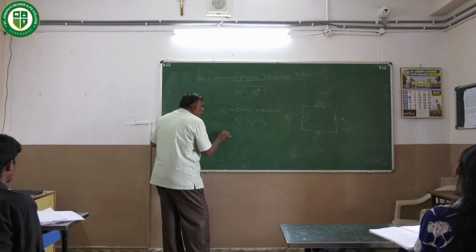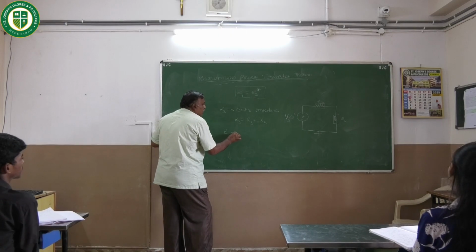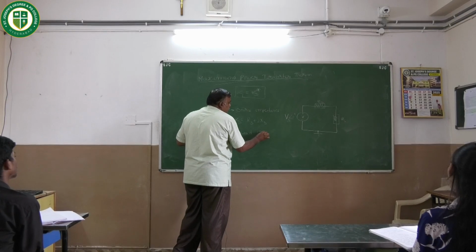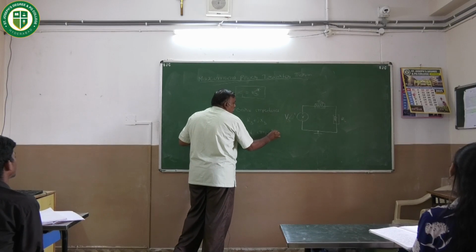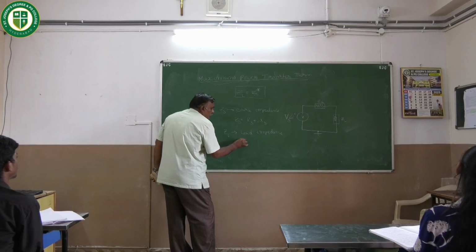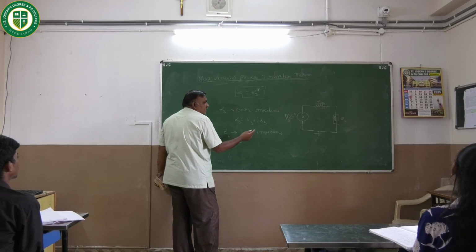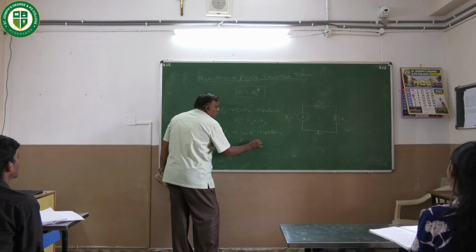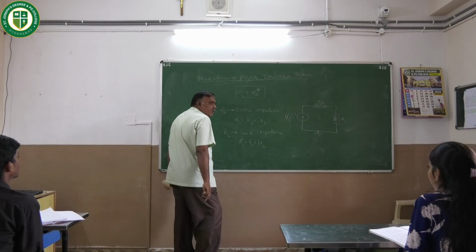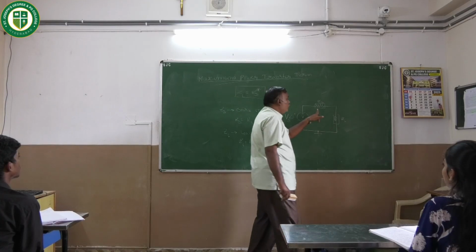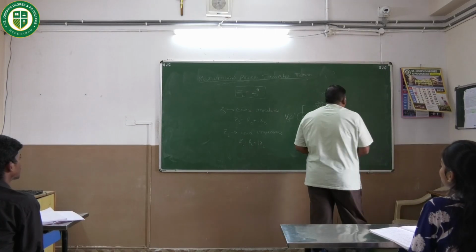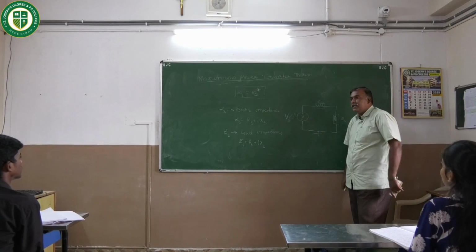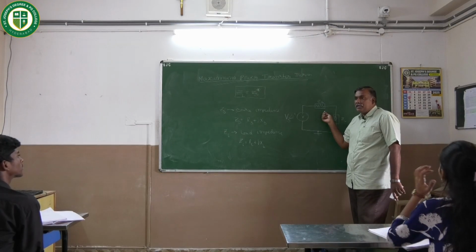Similarly, ZL is going to be the load impedance. The same story: you know that Z is equal to R plus jX, so ZL is going to be RL plus jXL. It means that the source you are taking has a resistance given by Rs and a reactance given by jXs, whose impedance is Zs.